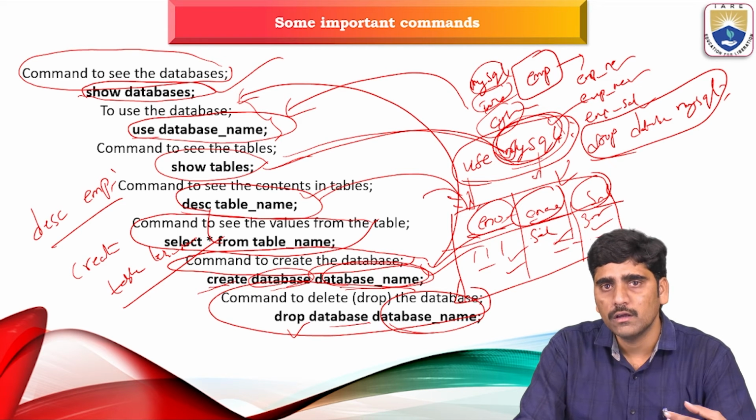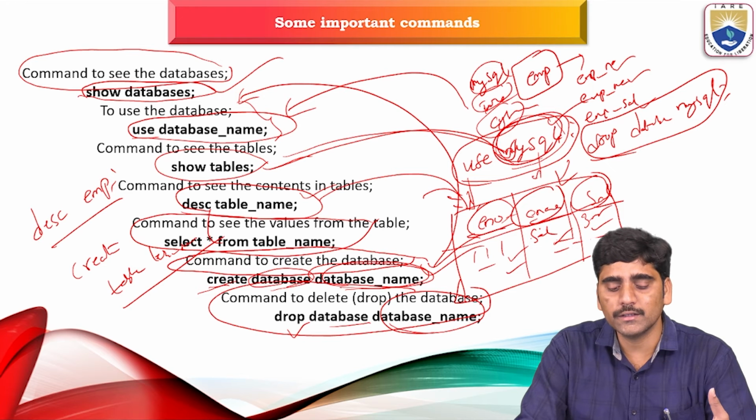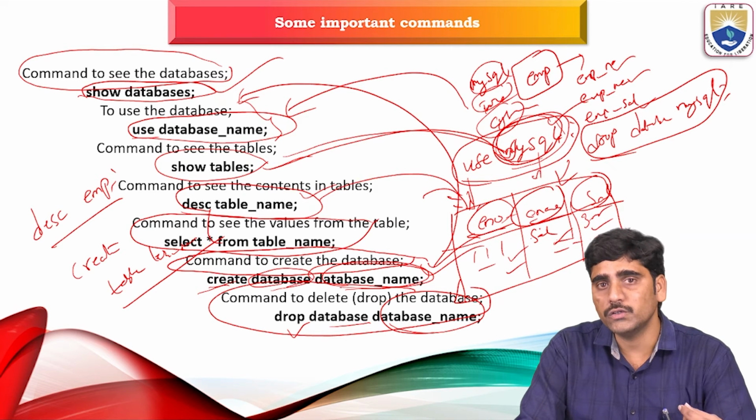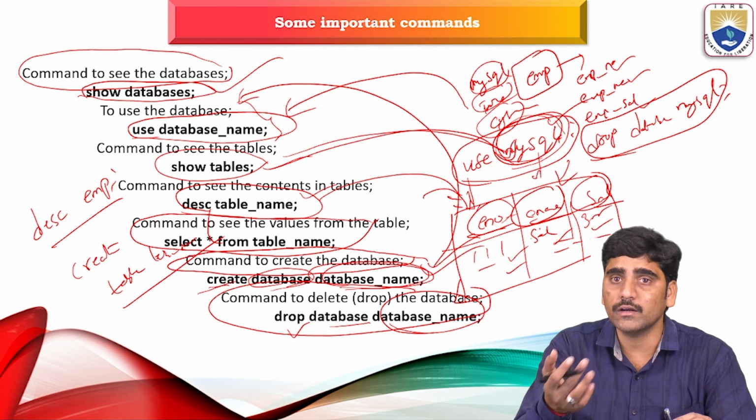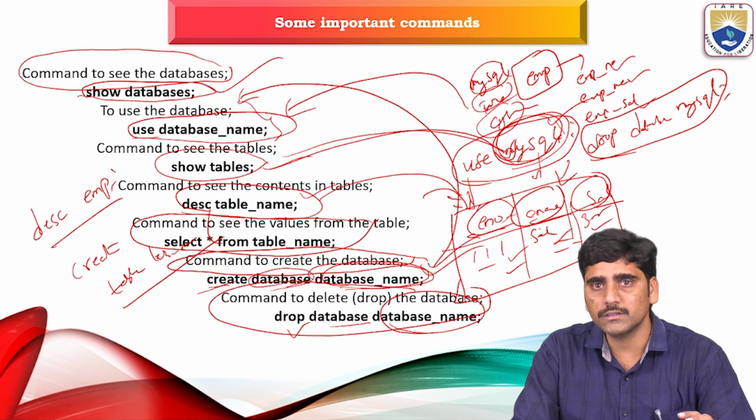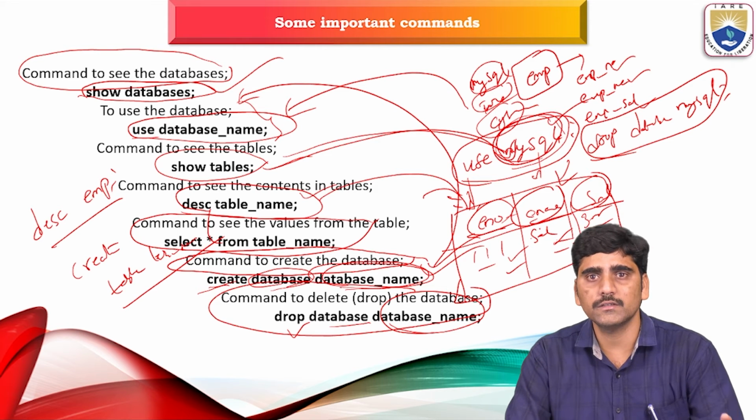Second, create database name, to create a database. And to see the list of databases, show databases, and use any of the databases for creating your tables or any database objects. That command is use database name.